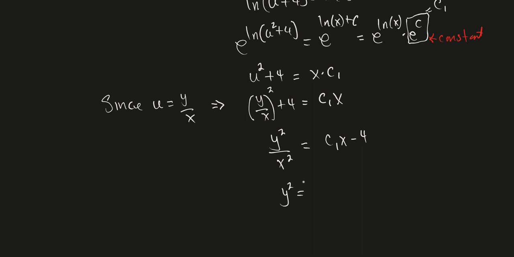So we have y squared is equal to c1. Now this would become x cubed, and then minus x squared. Again, doesn't look too bad at all. And then to solve for y, we'll have to do the plus or minus the square root of this quantity. So we actually get, it almost looks like two sets of general solutions, right? So therefore, y is plus or minus the square root of what we have here.